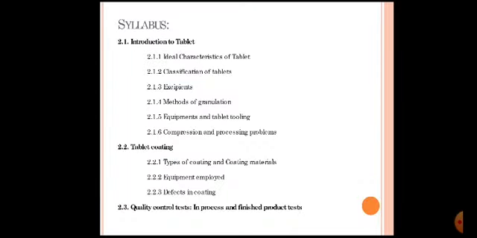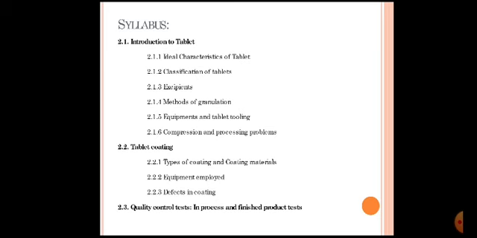So, this is the syllabus of tablet which we are going to study. The first point is the introduction of tablet. In that we have to see the ideal characteristics of tablet, the advantages and disadvantages of the tablet, classification of tablet, excipients used in the manufacturing of tablets, different methods of granule formation, equipments and tablet tooling, compression and processing problems.